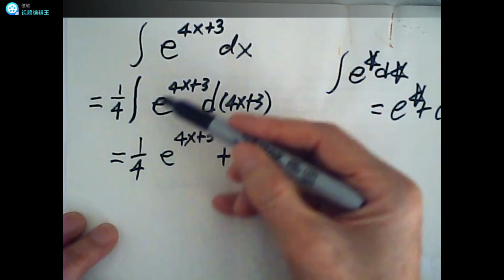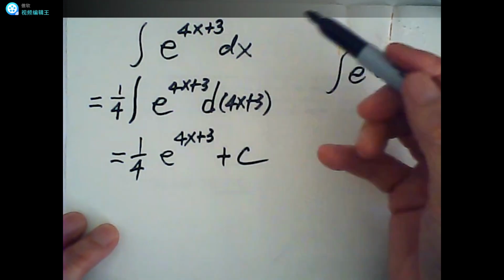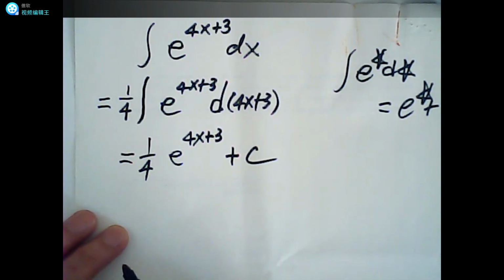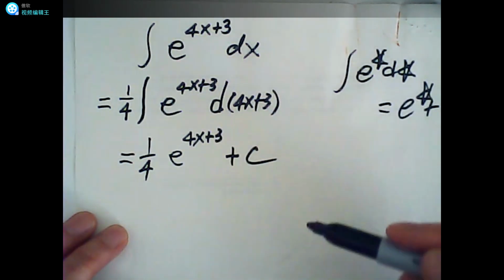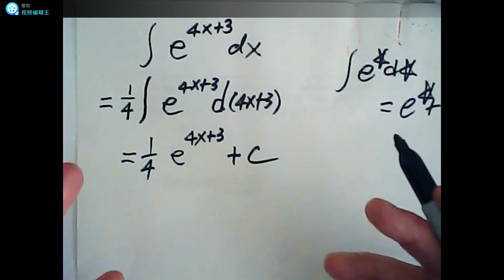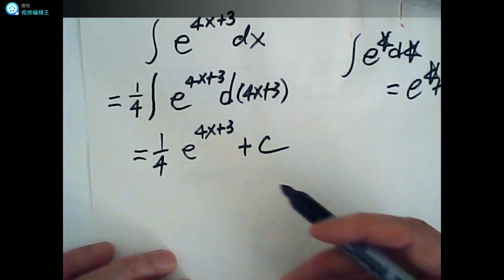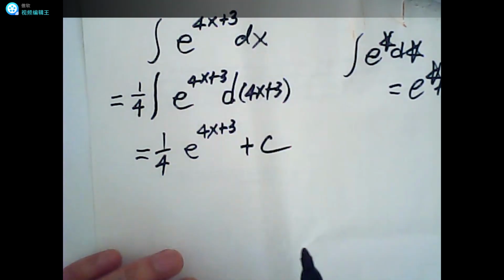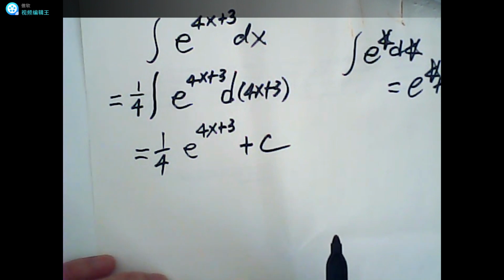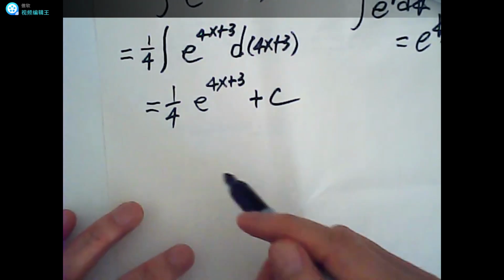So in doing it this way, I skipped the substitution. I skip the u business. So this is a very convenient, practical and nice way to do integrals when the integration is not that complicated. Okay, let's do another one.